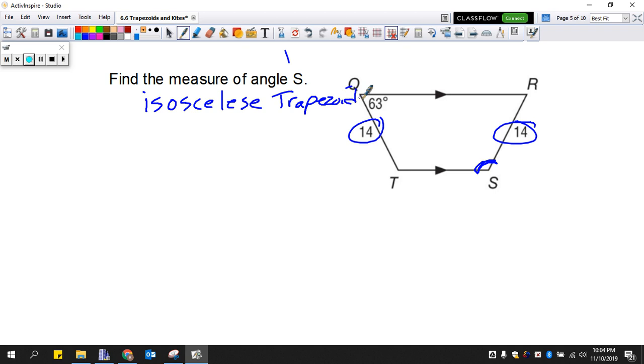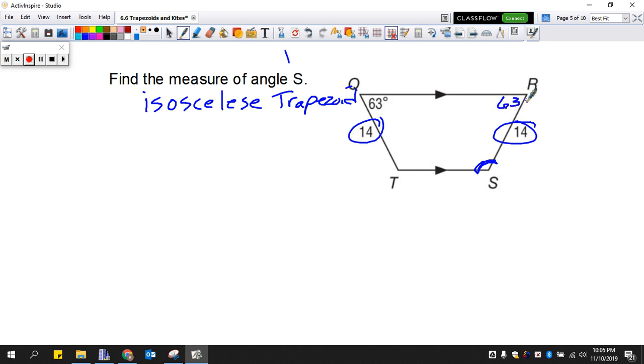An isosceles trapezoid, and it's a quadrilateral, so it is going to add up to 360 degrees. We know that this is 63. Because of that, this over here is also 63.